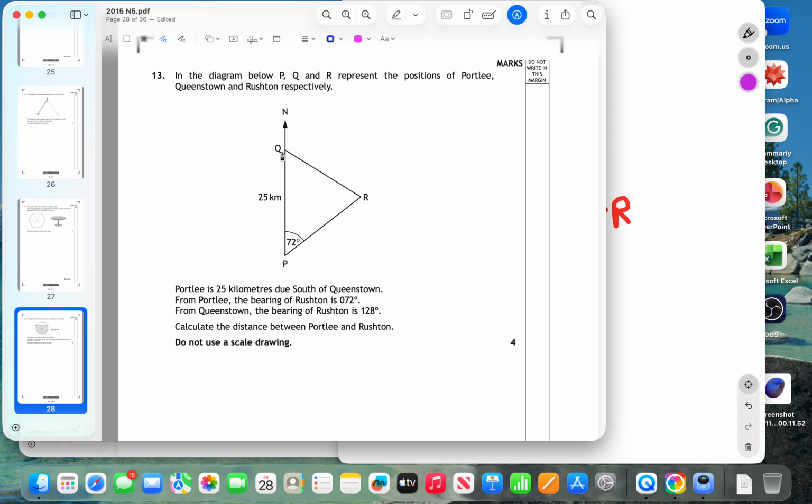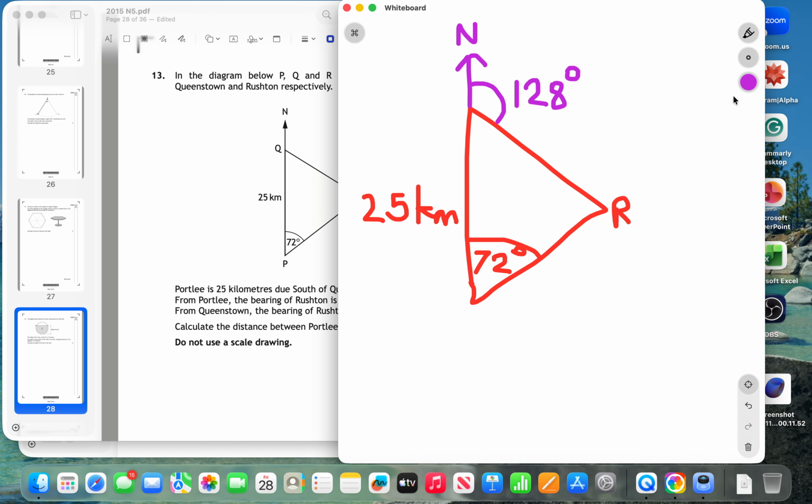So if we have a look at the question also, we can find this angle. I should label P and Q, and you want to label your sides and your angles.